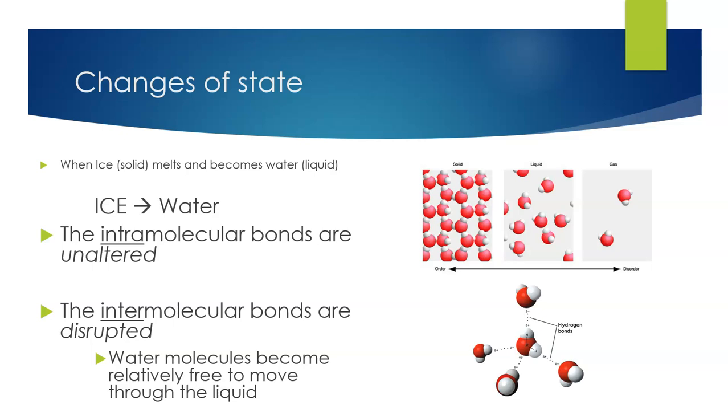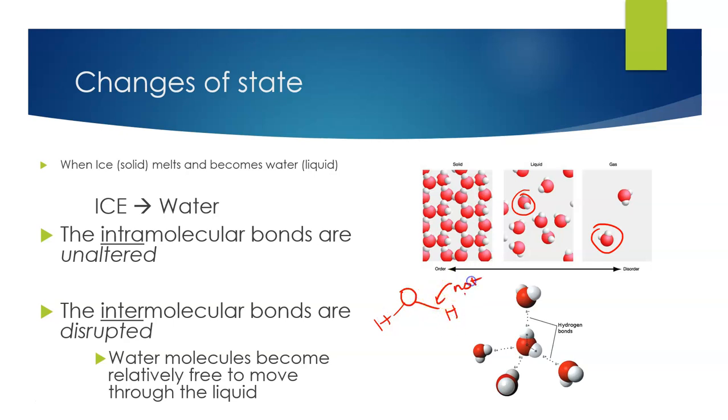So a key thing for this is where we talk about changes of state. So if we're changing from solid ice to liquid water, it is the intramolecular bonds that stay unaltered. We never break the chemical bonds that form water molecules. The water molecules always stay whole. You'll see here, this is a water molecule, this is a water molecule. We're never breaking the hydrogen-oxygen covalent bonds.